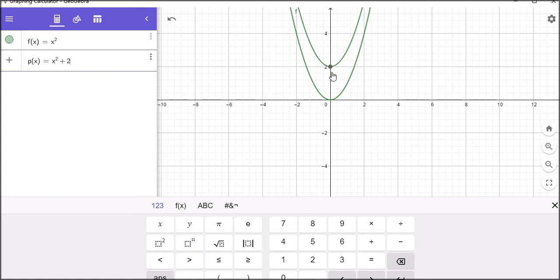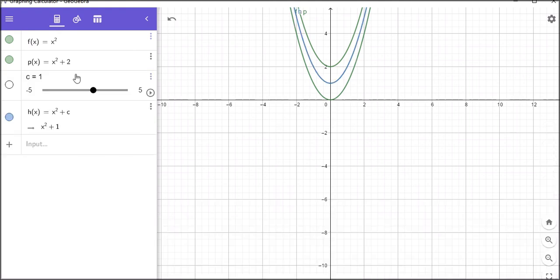That means the graph moves 2 units up, because here it says 2. Okay, and next I'm going to input this one, x squared plus c. Here we can change c, and I want to hide that p. Here c is 1, so the whole graph moves up 1 unit.